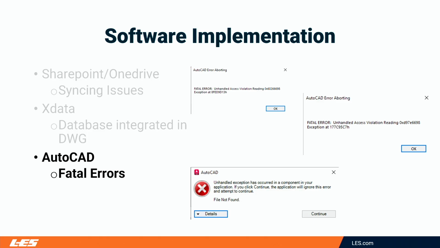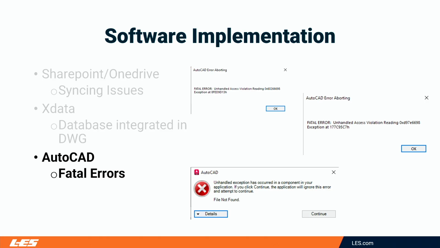This compounds on top of the basic error in saving. We did find there have been cases where a user will get this fatal error, open the drawing back up, everything's fine. They try to move around and they get another fatal error.